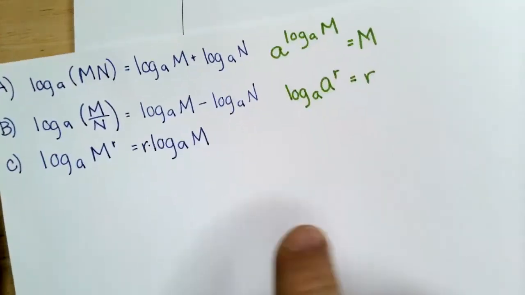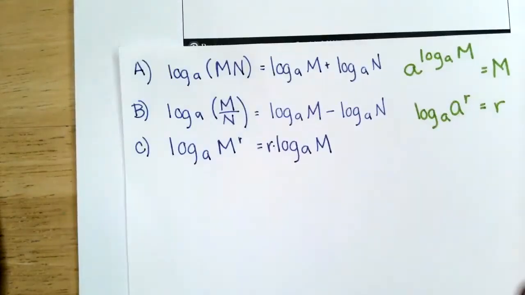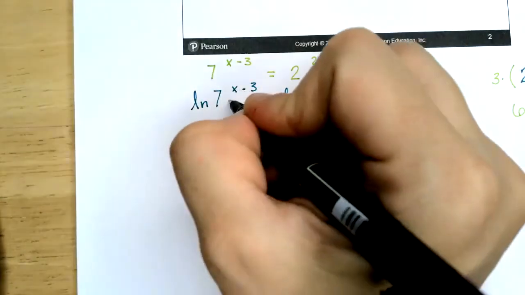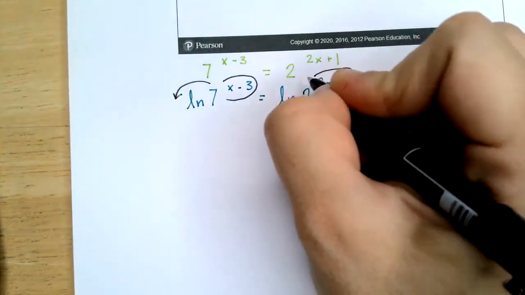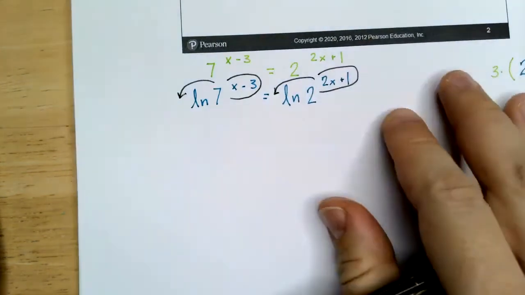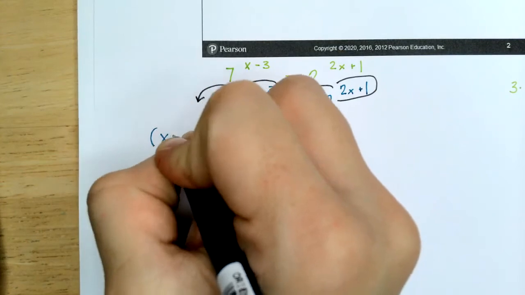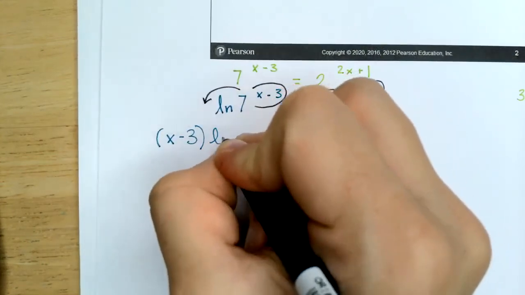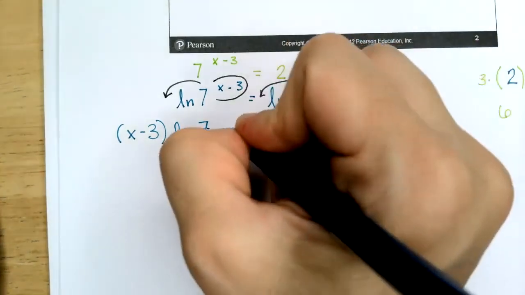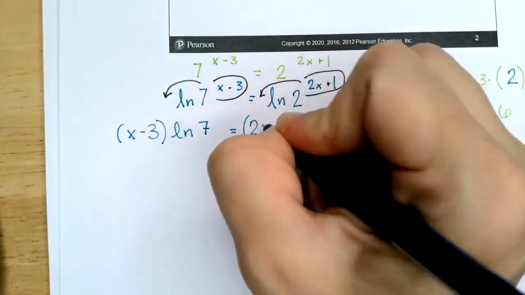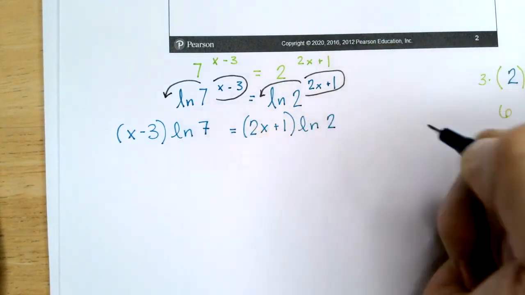So now if I use this rule, that means I can take the exponent and move it down in front. So I'm going to take this x minus 3 and move it down in front. Take the 2x plus 1, move it down in front. So now what it looks like is x minus 3 times the natural log of 7 equals 2x plus 1 times the natural log of 2.